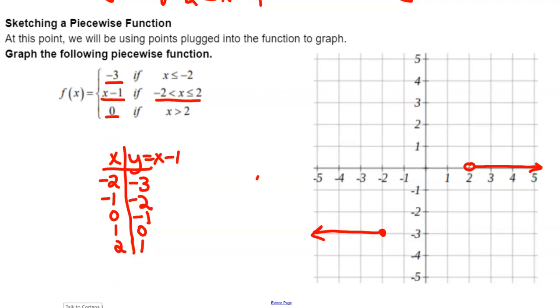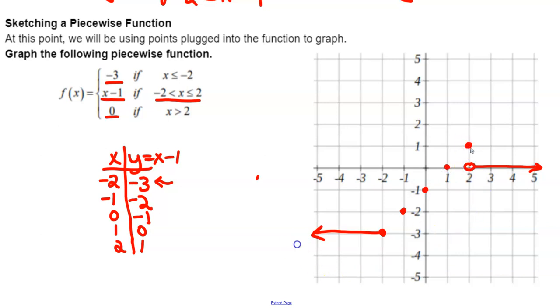So if I plot those points, remember this first one was my open circle one. At -2, -3, well, not always does this happen, but it actually overlaps the previous part. So we would not necessarily need to have an open circle there. So that's already covered. -1, -2, 0, -1, 1, 0, and 2, 1.